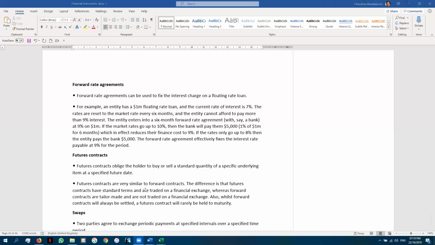On the other hand, the $5,000 paid means things did not work out too well at all. So all that you need to know is, again, it is a form of derivative, and it can be used to hedge a loan or deposit. It can also be used purely for speculation.